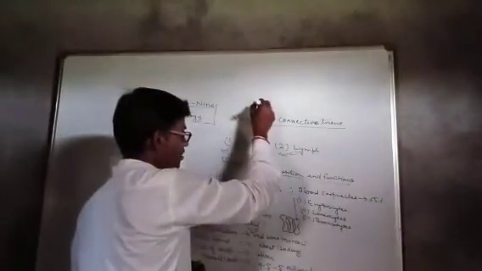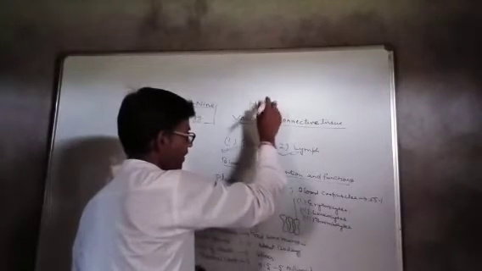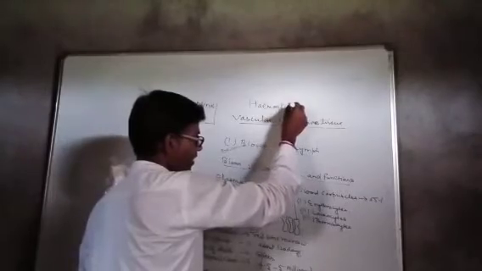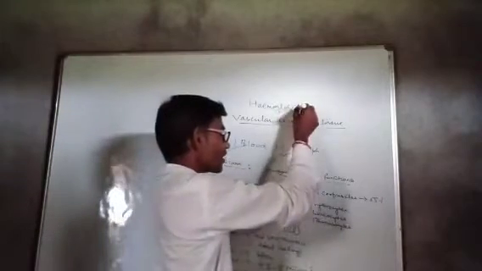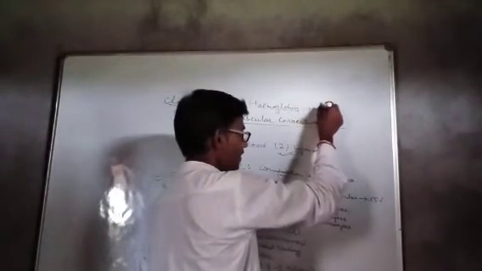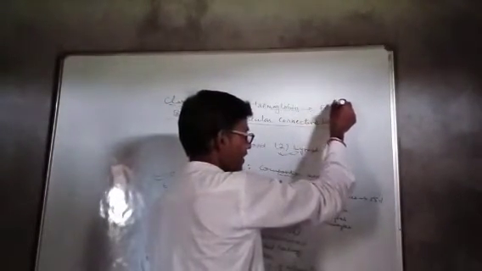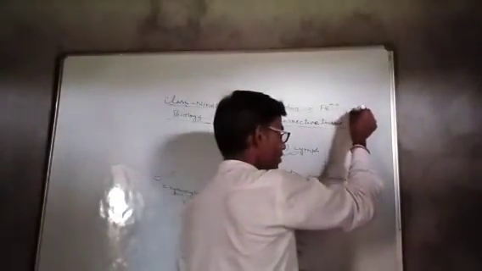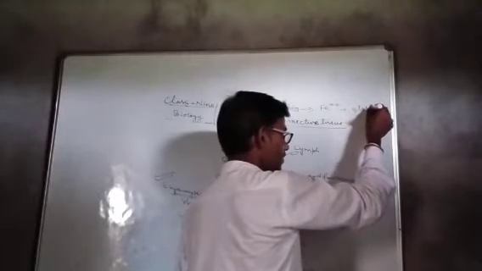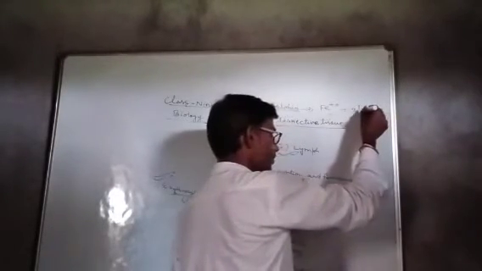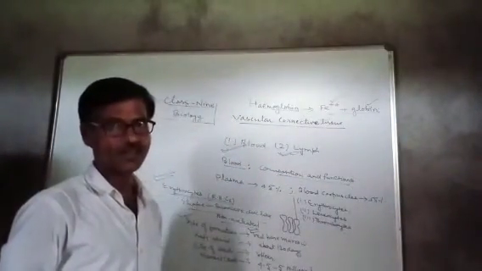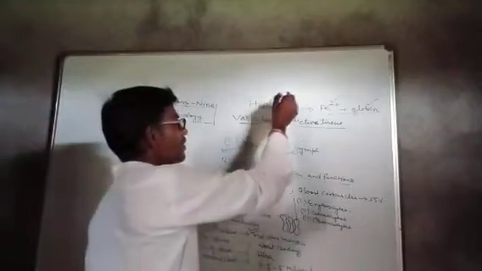RBCs contain a red colored pigment, hemoglobin. This pigment makes our blood red. It consists of ferrous iron, bipositive iron, and the simple protein globin. The simple protein globin combined with a metal ion is called a conjugated protein.